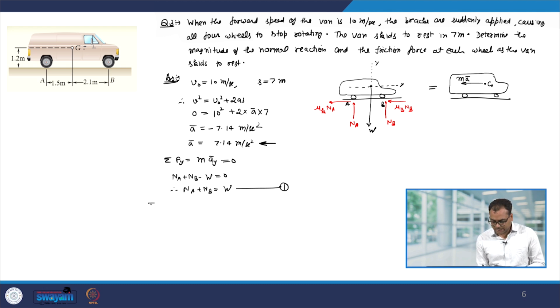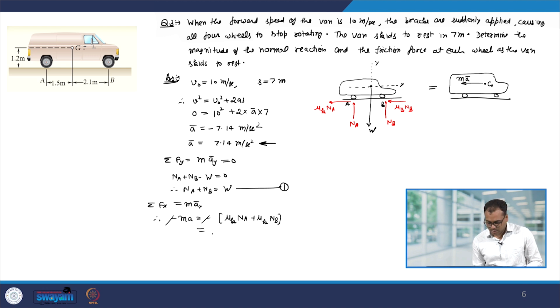Now, forces in the x direction, summation Fx equal to m Ax. Okay. So, therefore, minus m a equal to, let us identify the forces in the x direction, they are only the frictional forces. So, minus mu k NA minus mu k NB. Okay, minus will get cancelled.